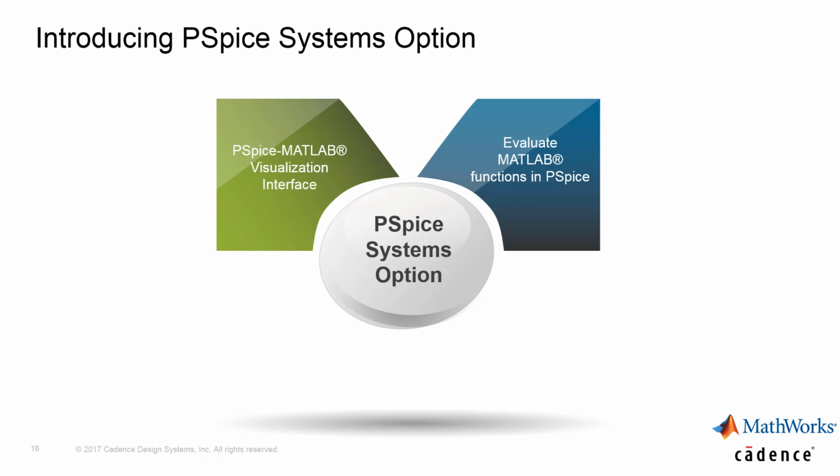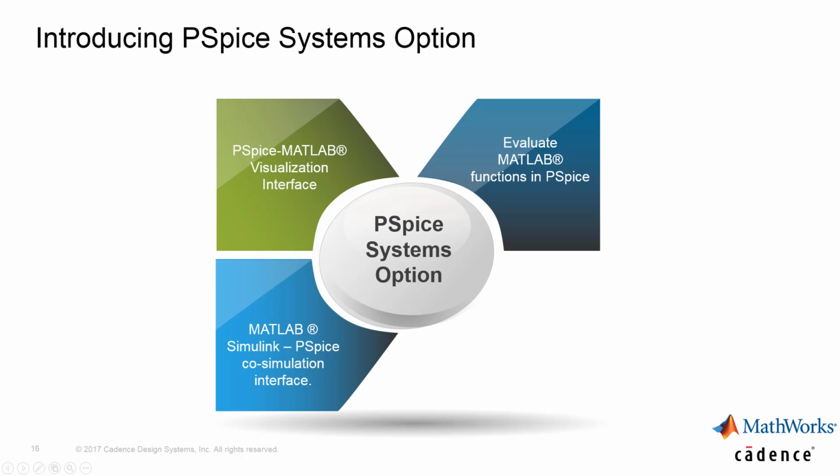The second one is evaluate MATLAB functions in PSpice. In other words, designers can also enable MATLAB computations in the PSpice analysis. This brings the entire MATLAB function library into PSpice. Thirdly, we talk about Simulink and PSpice co-simulation interface.